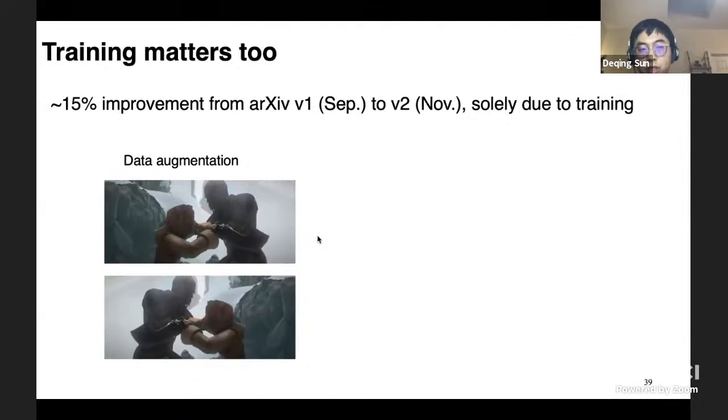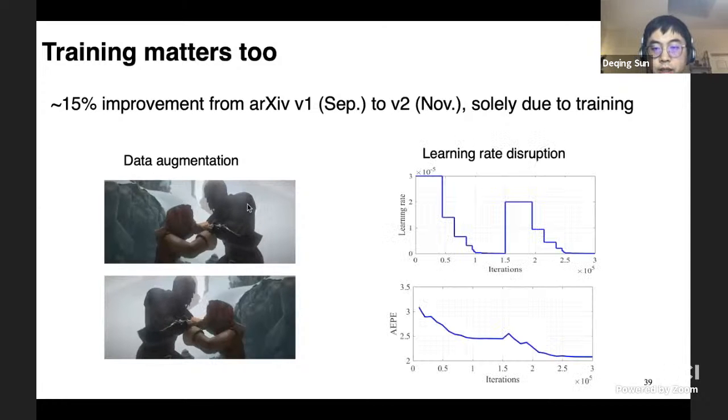What we do is, for example, use more data augmentation, like horizontal flipping, to increase the effective size of the dataset. And also we do something like learning rate disruption. So when the network converges, we arbitrarily increase the learning rate to let it converge to another, better local minimum. And so here comes a question.